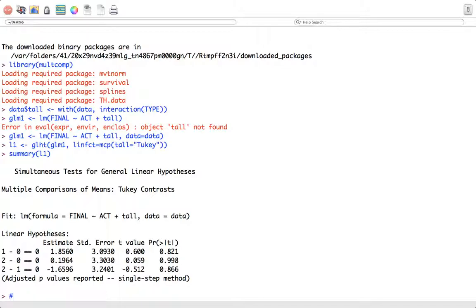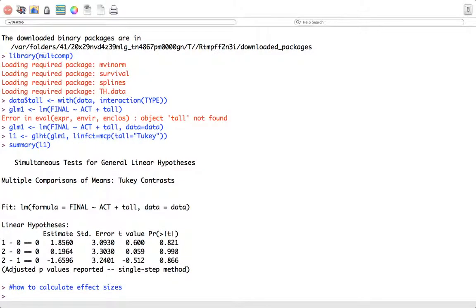Now the next thing I want to do is show you how to calculate effect sizes. Now, a little bit about effect sizes. As we're all aware by now, our test statistics are highly influenced by sample size. If we get a sample size large enough, we can increase our power and we can reject anything.